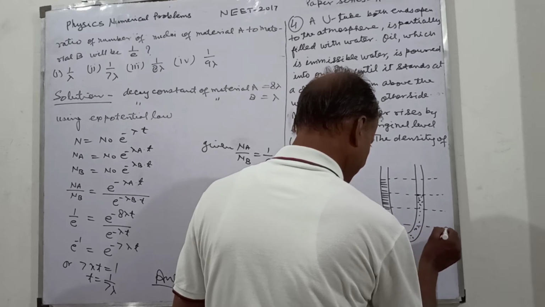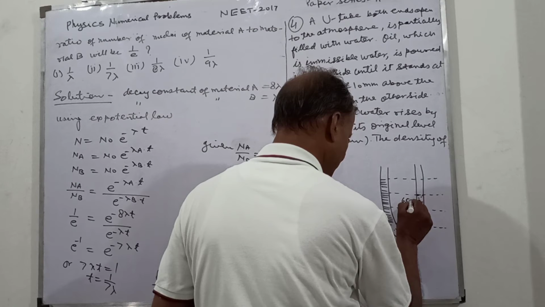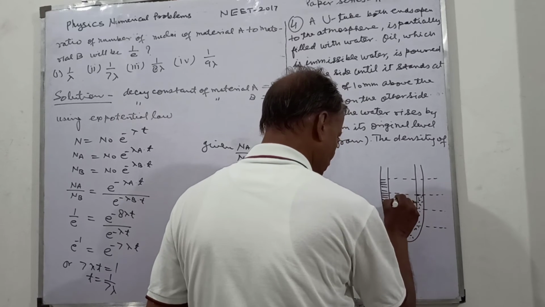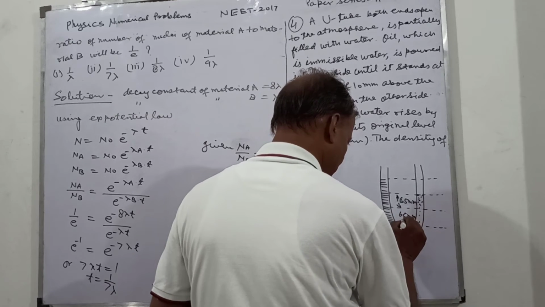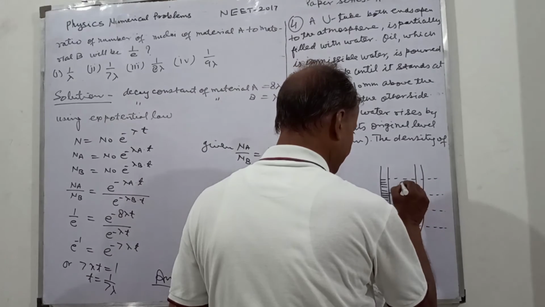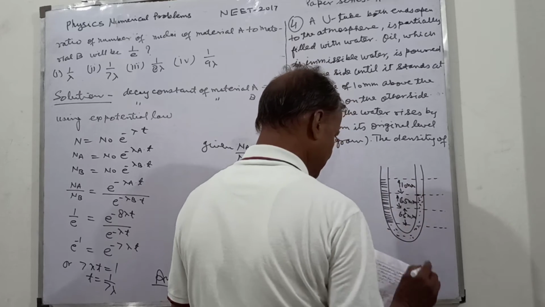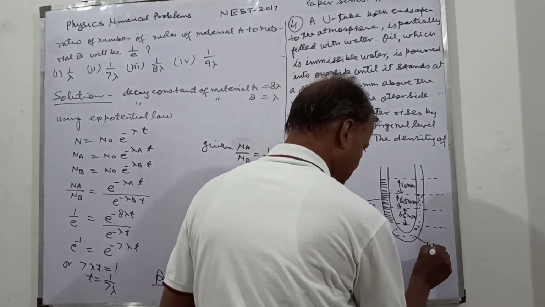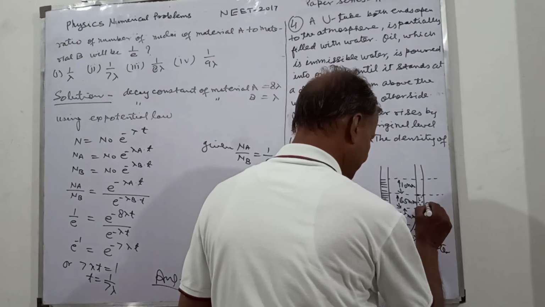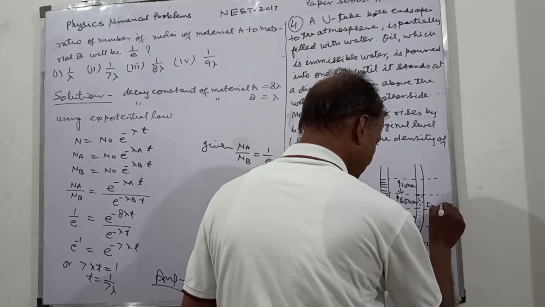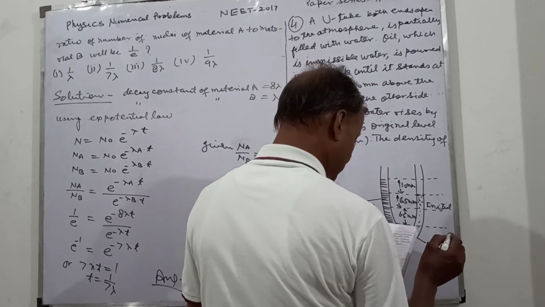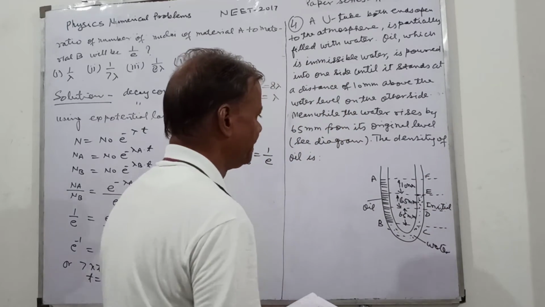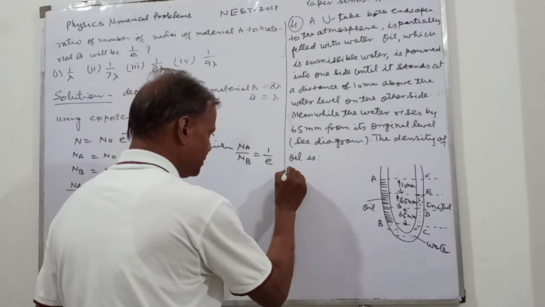This is given as 65 mm, and this is also 65 mm. So much is here. This is now your 10 mm. And this is oil, this is water, and this is the initial level. This is your point A, this is point B, this is C, D, this is E, and this is F. This is given in the question.